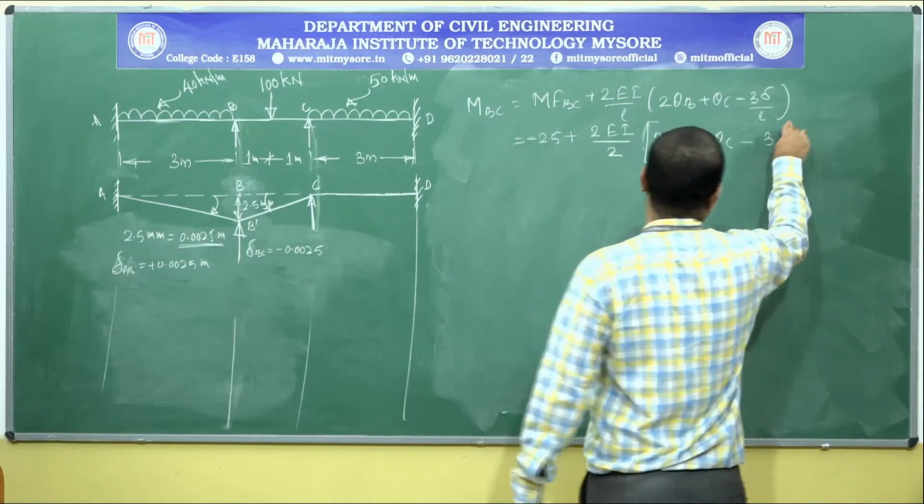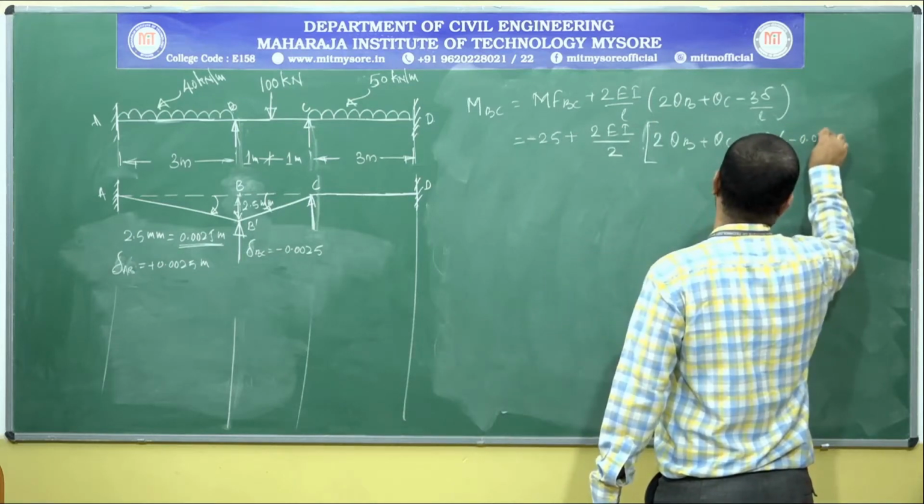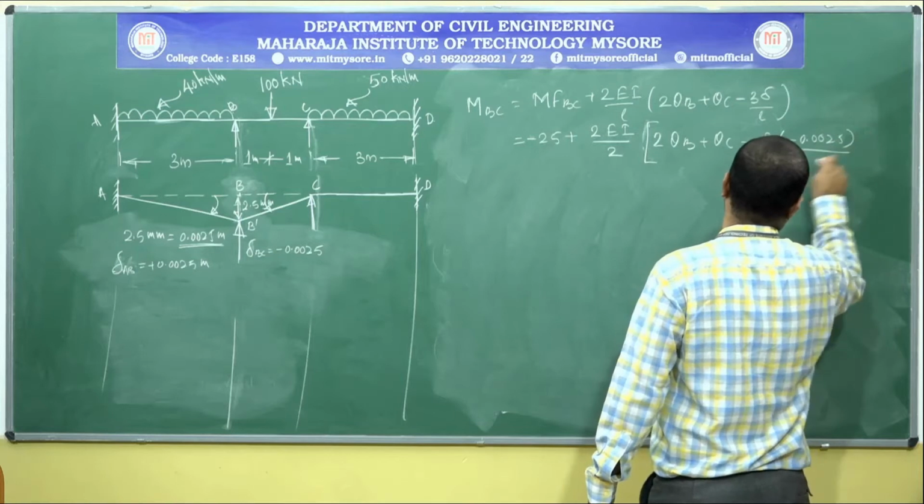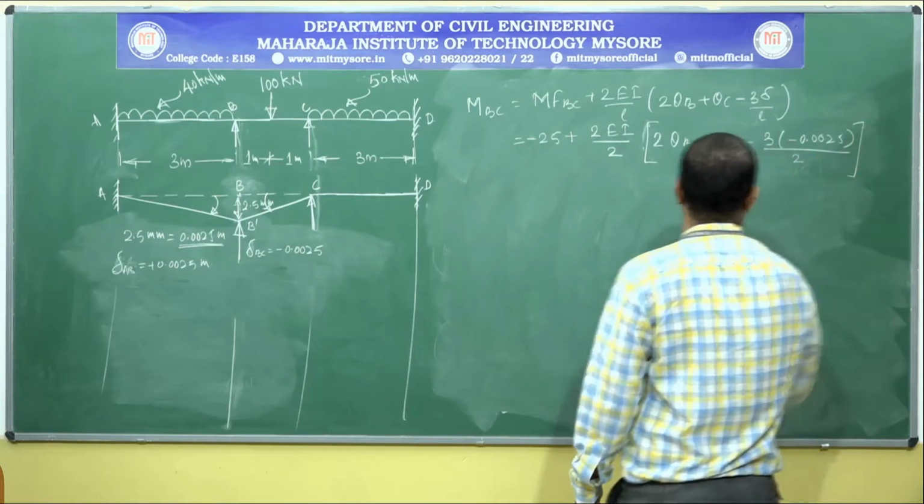Okay, here the delta value will be minus 0.0025 by L is 2, right.